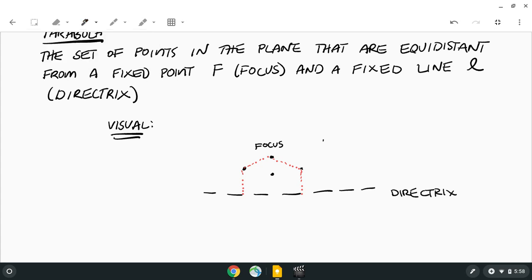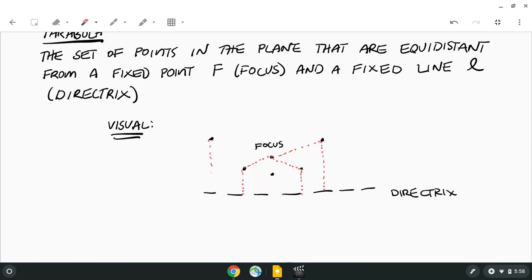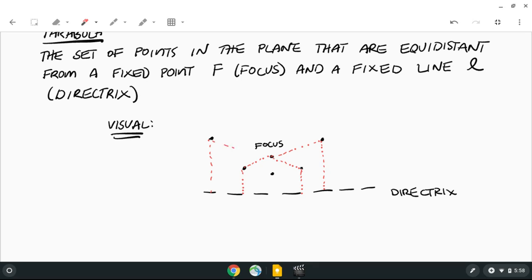And looks like maybe this one is equidistant as well. The distance from that point to the focus is that long, and the distance from that point to the directrix, and those are equidistant. We can keep doing this until we come up with a collection of points. So right about here, that one is also equidistant. This distance is the same distance to there.